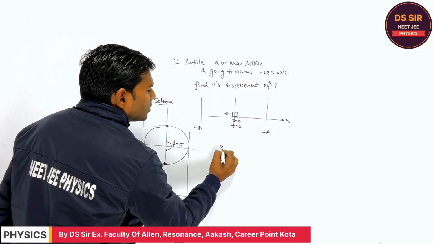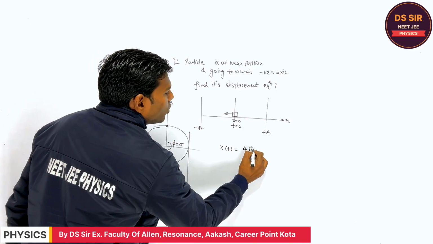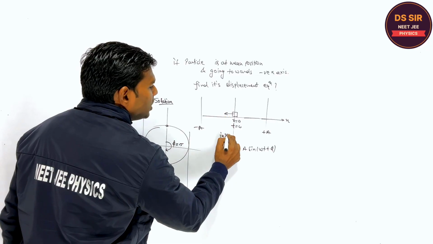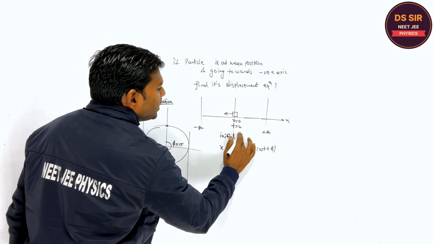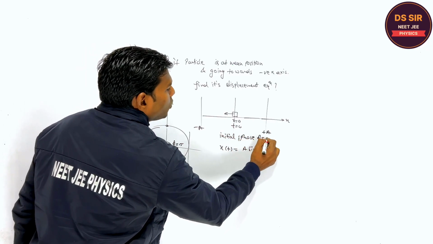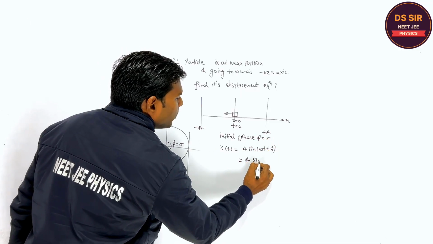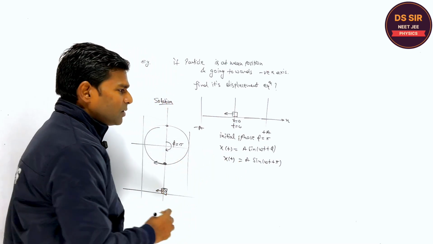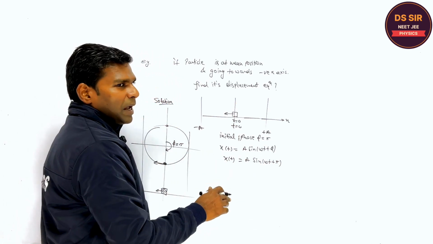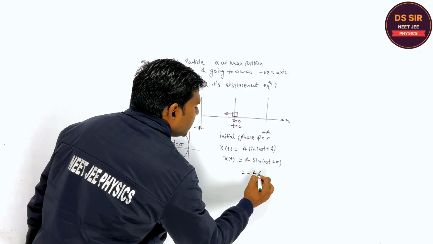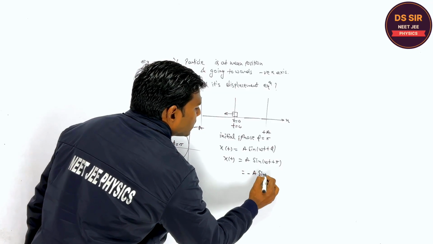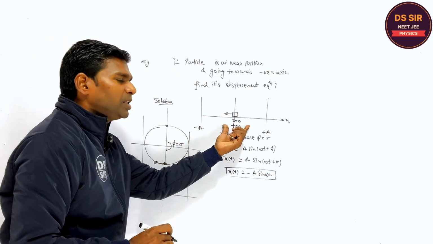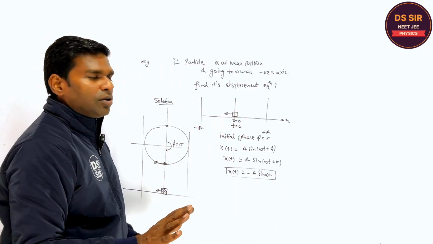So what is the equation of displacement? A sin(omega t plus phi). The initial phase phi is equal to pi. So the answer is a sin(omega t plus pi), and sin(pi plus theta) is equal to minus sin theta, so you can write minus a sin omega t. This is the displacement of the particle performing this type of SHM. Are you getting or not?